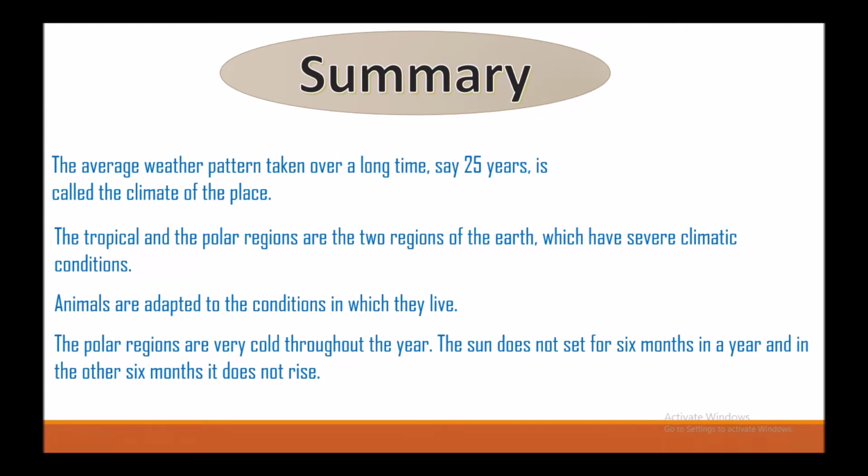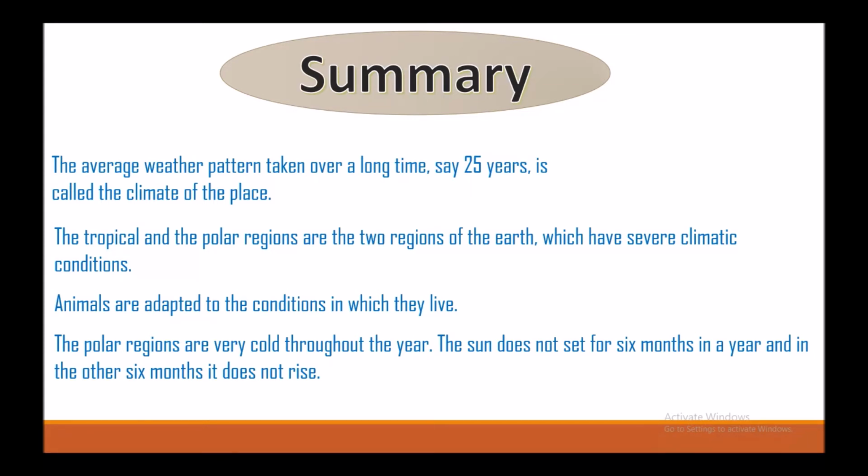So climate and weather are different. Weather means day-to-day change in the atmosphere and climate means average weather for a long period of time at a place. The tropical and the polar regions are the two regions of the earth which have severe climatic conditions.